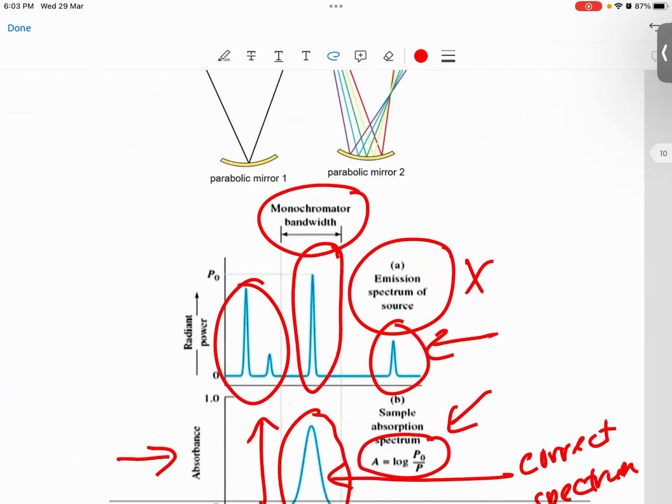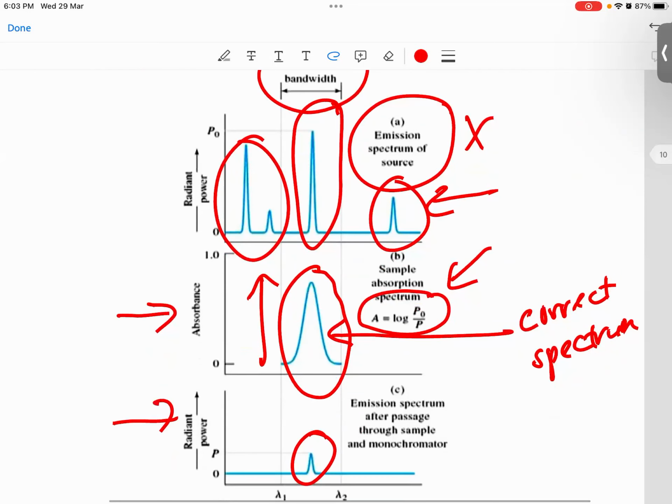Based on the absorption spectrum, it will be analyzed quantitatively so that you can get the concentration of plumbum.